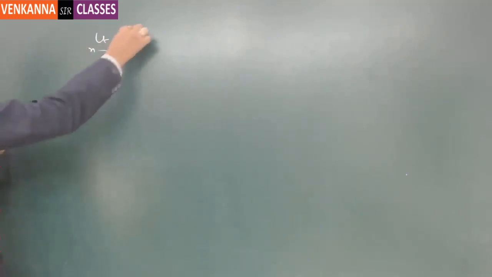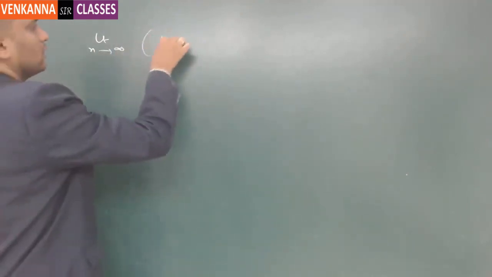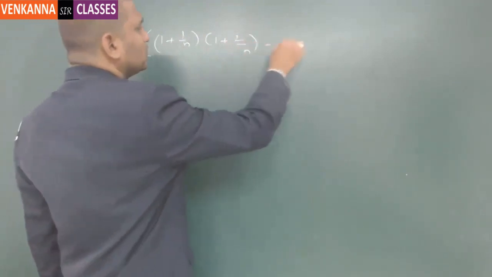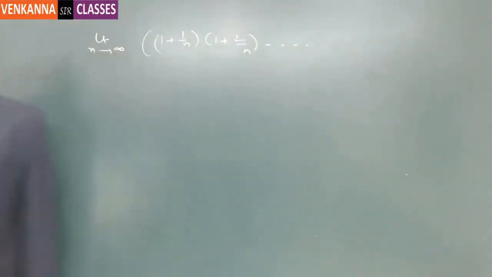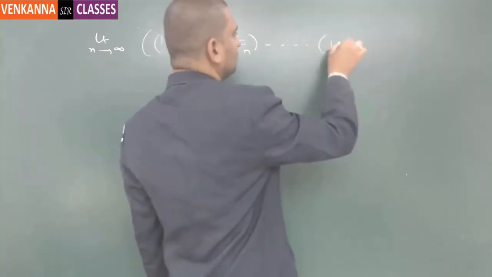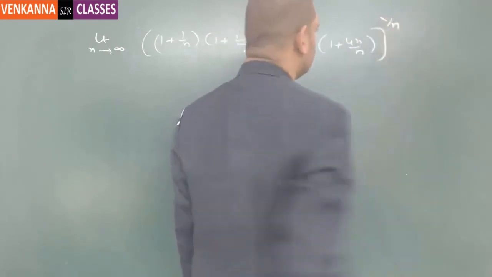Yeah. The problem is given as limit n tends to infinity, 1 plus 1 by n into 1 plus 2 by n into so on, 1 plus 4n by n, whole power 1 by n.